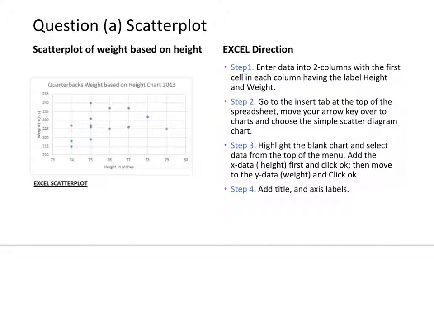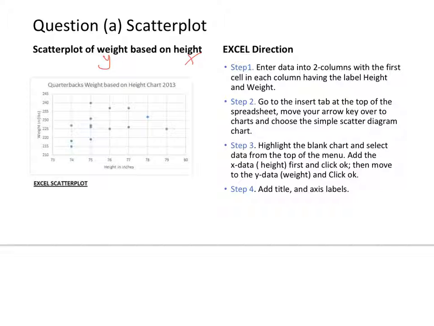Here we are expecting the height to be the x variable and weight to be the y variable. So in this case the height is in fact the explanatory variable and weight is supposed to be the response variable.